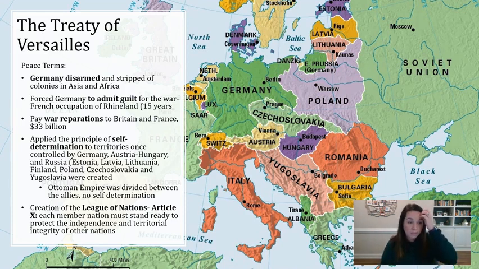They are going to apply the principle of self-determination to territories. So if you look at this map of Europe, and we're not even talking about the Middle East, we'll talk about the effects of World War I on the map in the Middle East. So Syria, Iraq, Afghanistan, all of those borders are also going to play a role because of this.